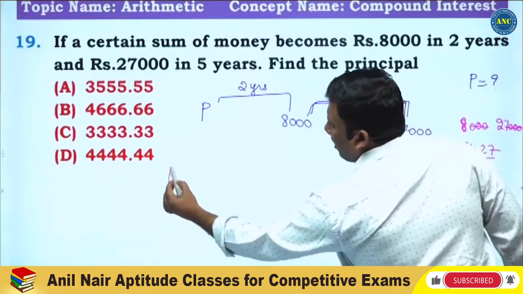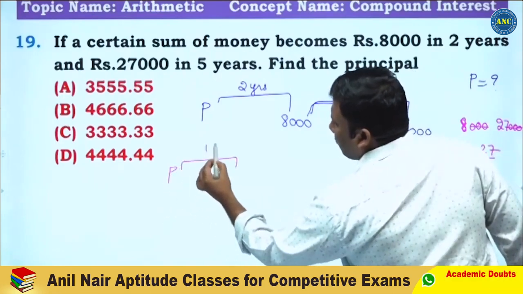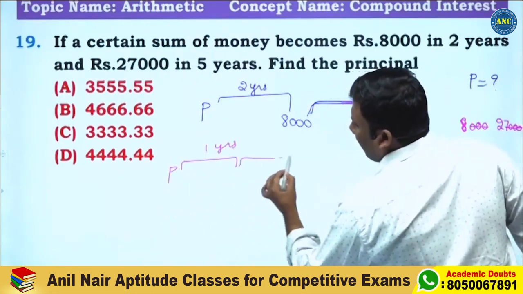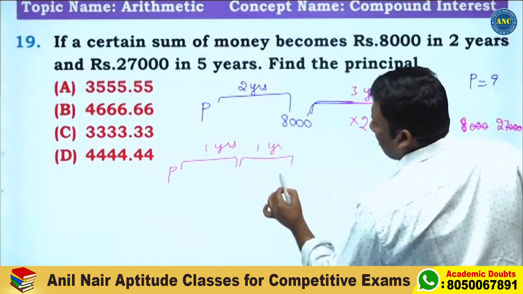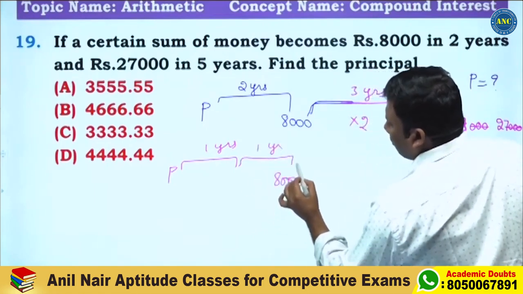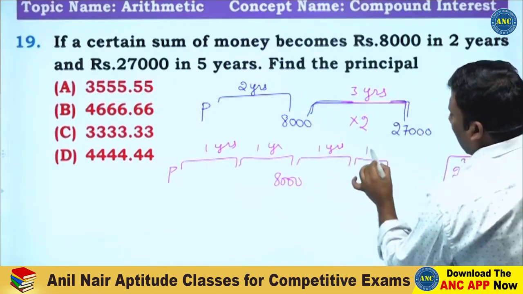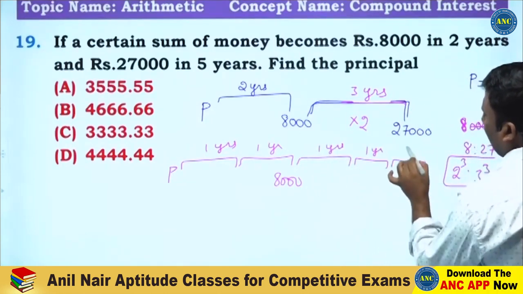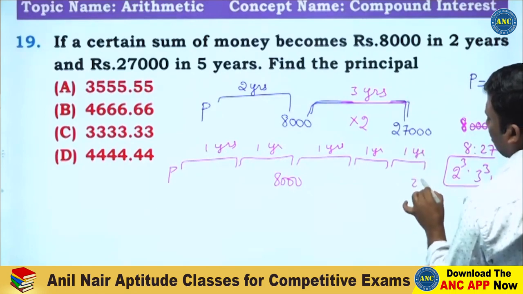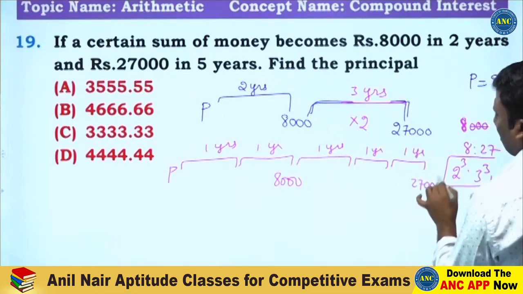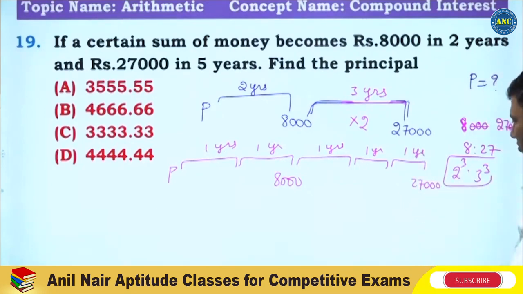That means the question can be written as 1 year, again 1 year, again 1 year, from 8,000 to 27,000.